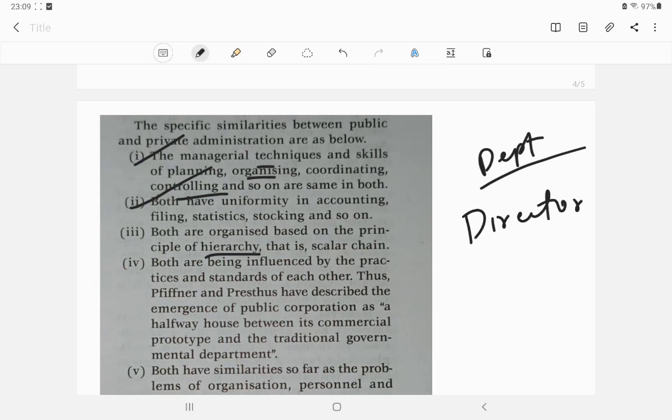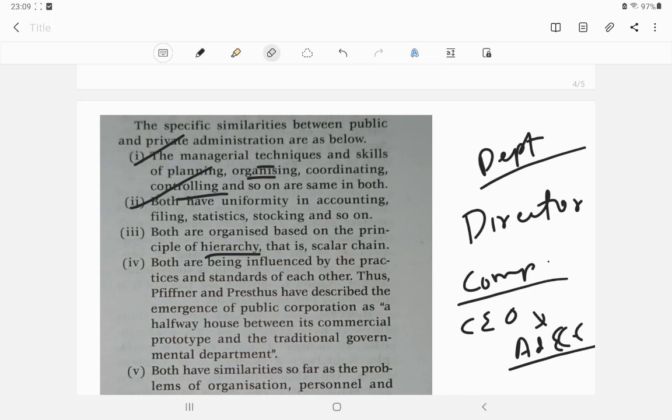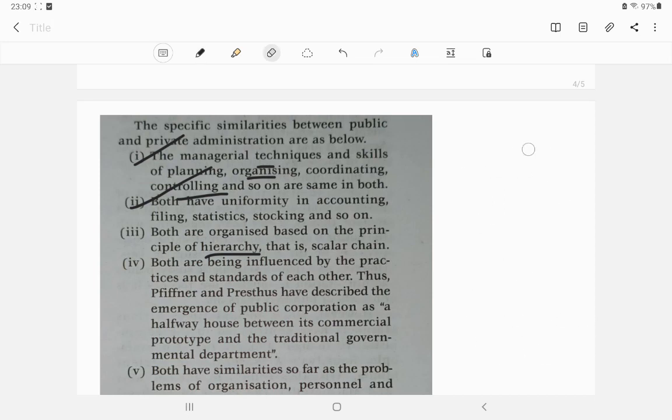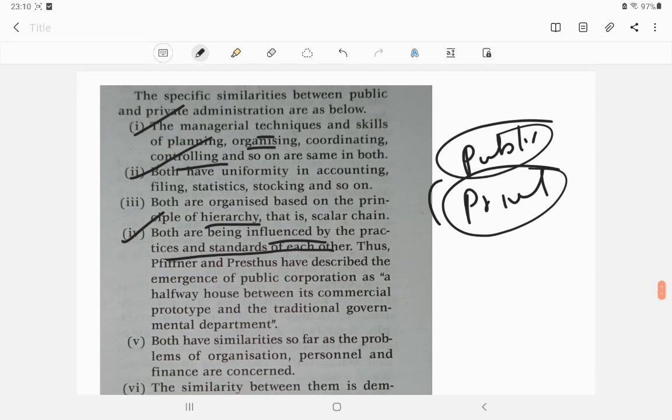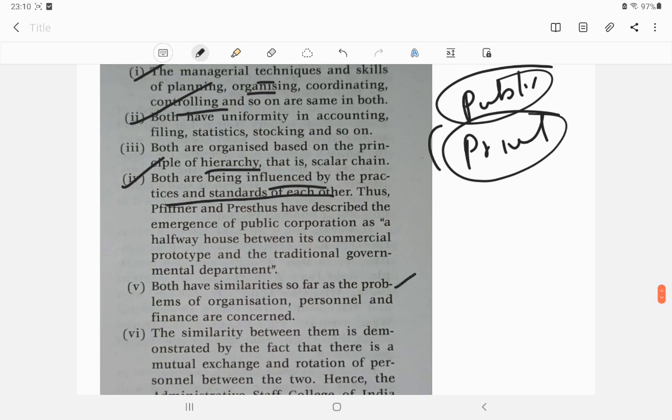In the same way, a company has a CEO, with a chief operating officer and additional CEOs under them. So a hierarchy is maintained, from small to big. Next, number 4: they are influenced by the practices and standards of each other, and both have similarities as far as problems of organization, personnel and finances are concerned.